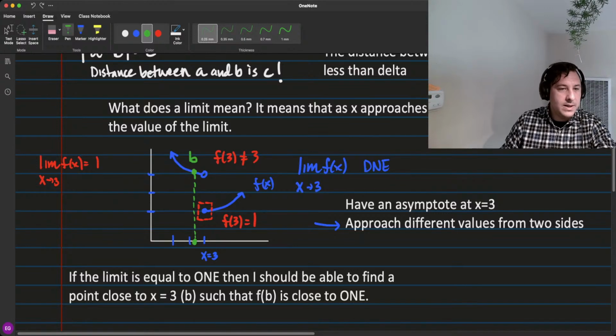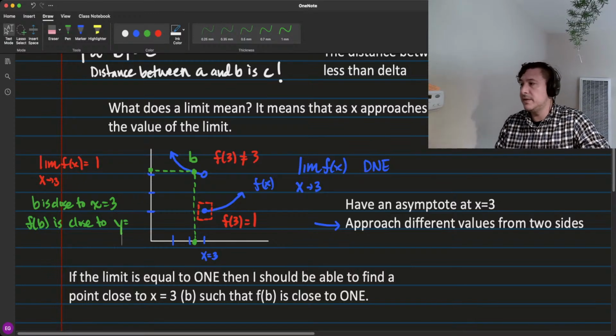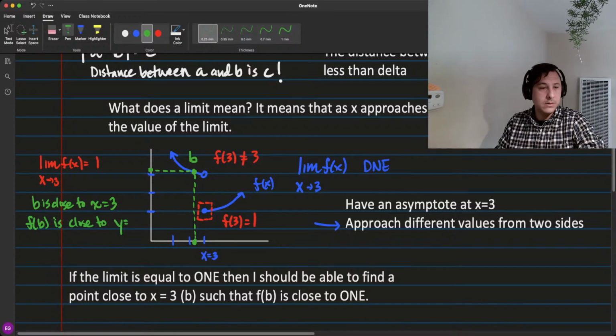Approximately what is the y value f of b close to? So b itself as an x value is pretty close to 3, but f of b, the y value, is close to the y value of 3, right?